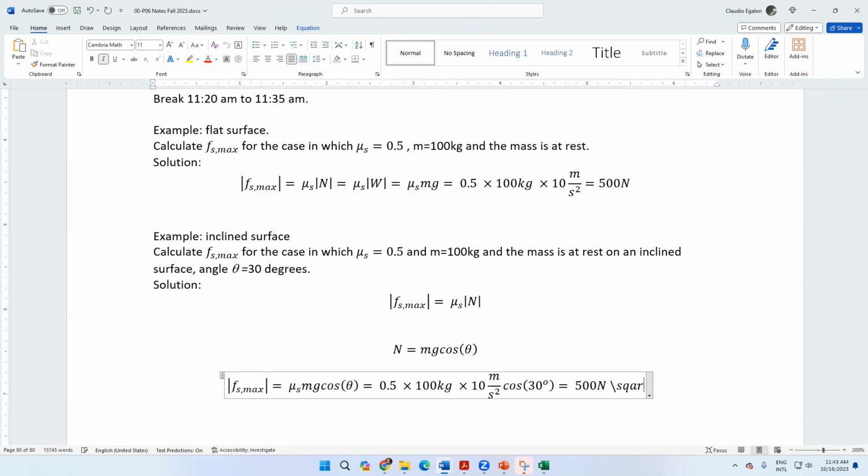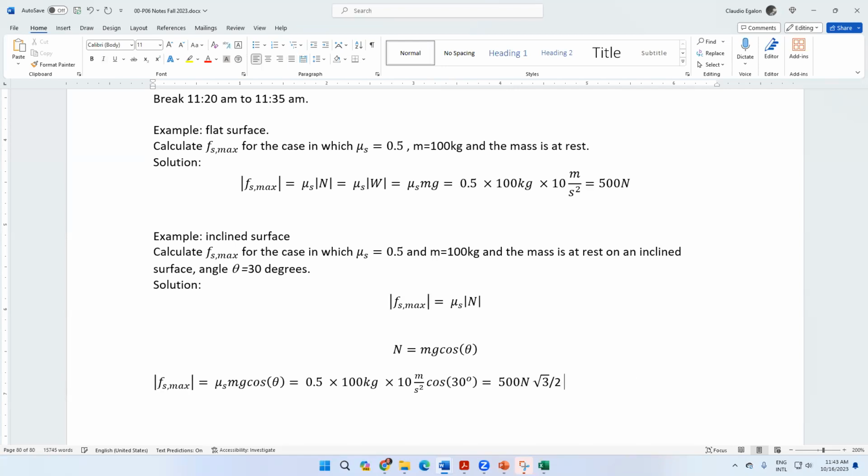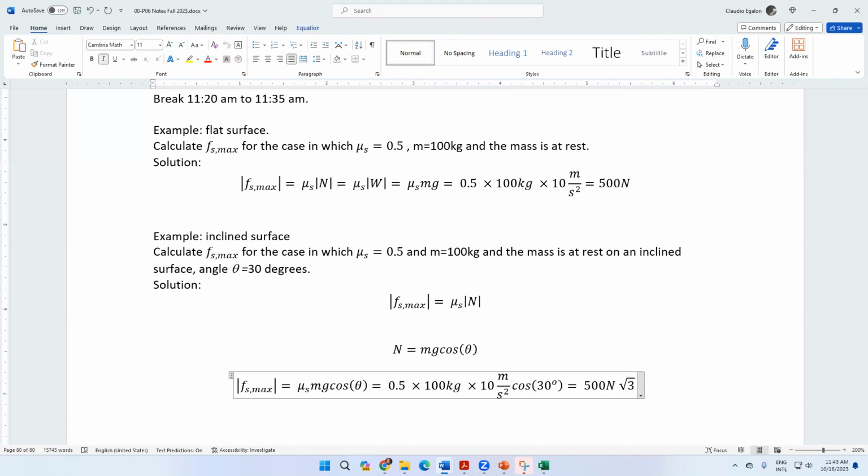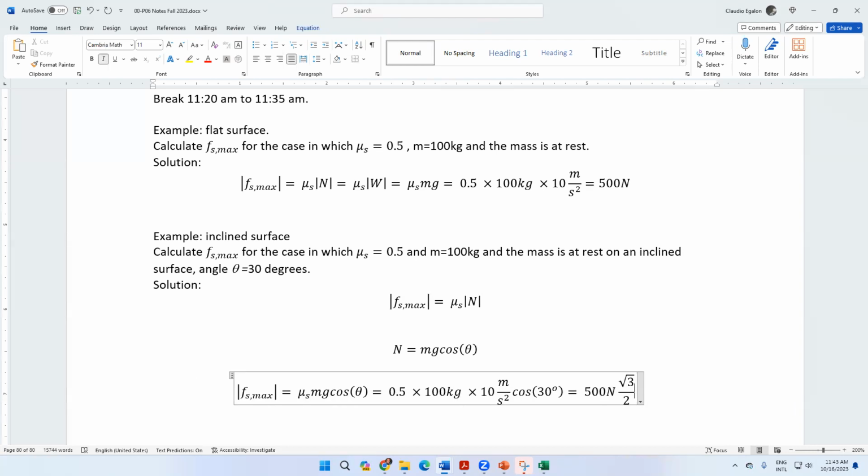Square root of 3 over 2, which is going to be less than 500 newtons.